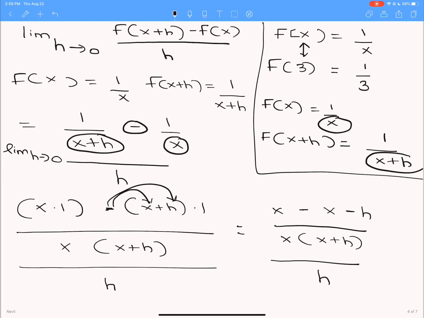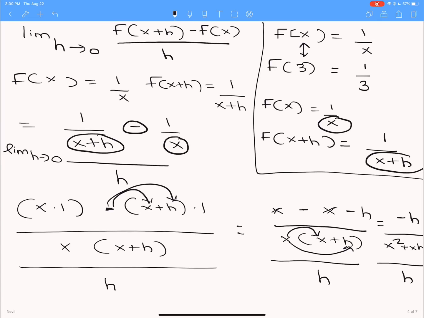We have x minus x, a positive and a negative x, so those two get canceled. That leaves me with negative h divided by, I'm going to actually multiply these two, x times x gives me x squared and x times h gives me xh, so x squared plus xh, whole divided by h.